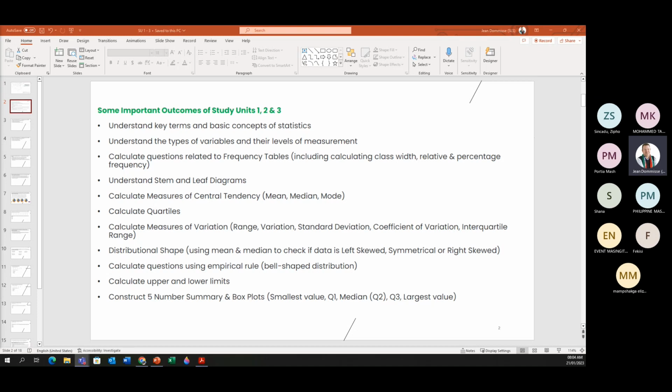So study unit 1 tells us what we are looking at, study unit 2 is a visual representation of the data, and study unit 3 gives us some measurements around how we can interpret the data. Then we go into the rest of the study units later on, about all the different methods of analyzing that data.